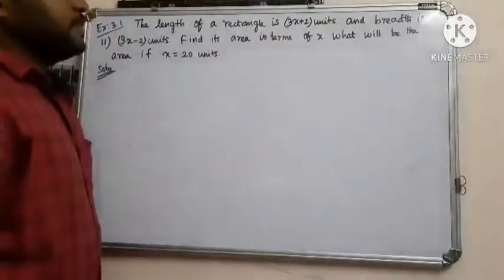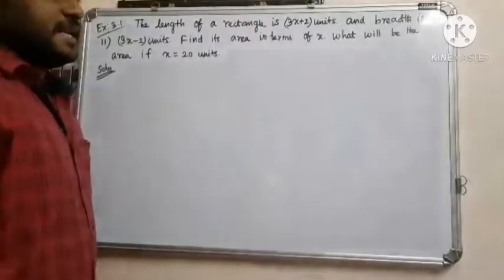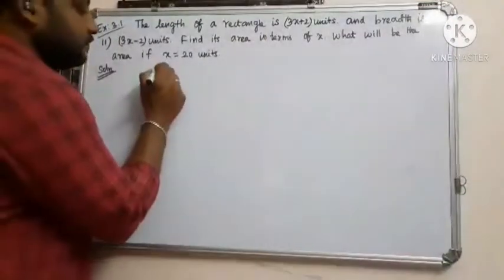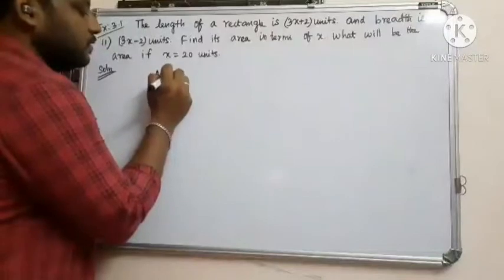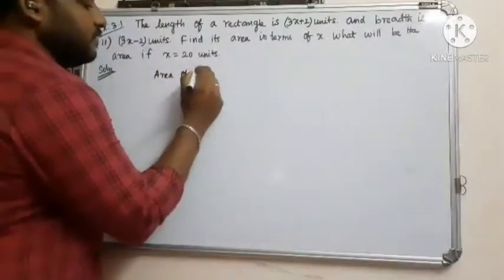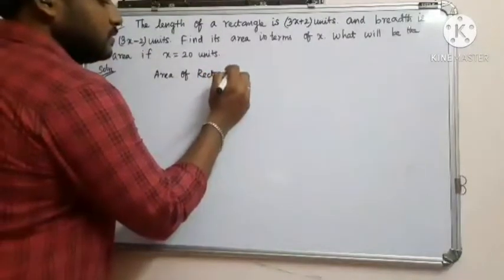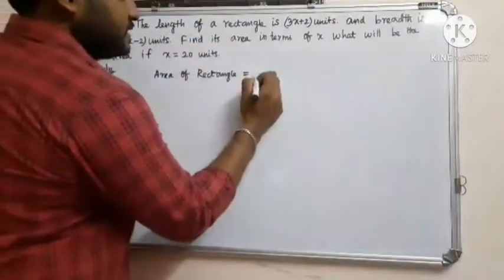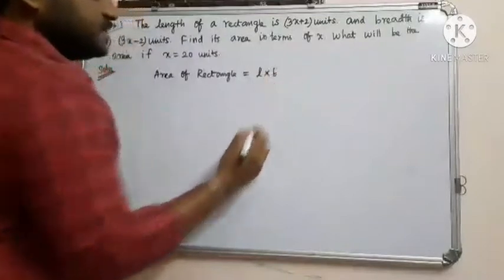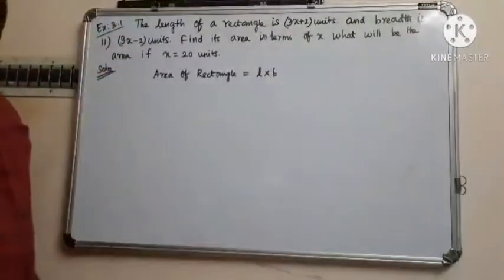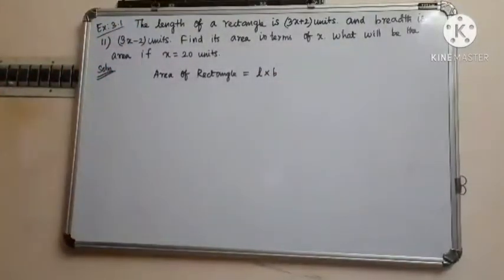Now you know that the area of a rectangle formula is length into breadth, which means you have to multiply length and breadth.